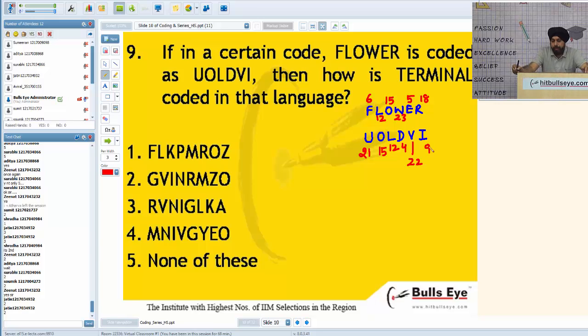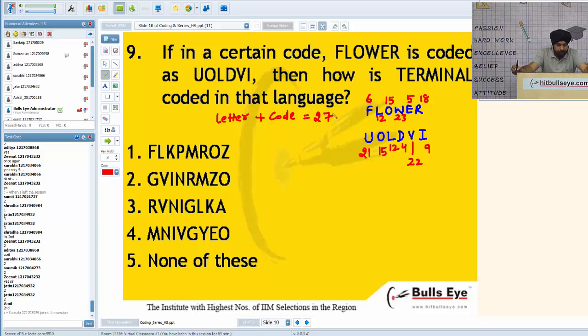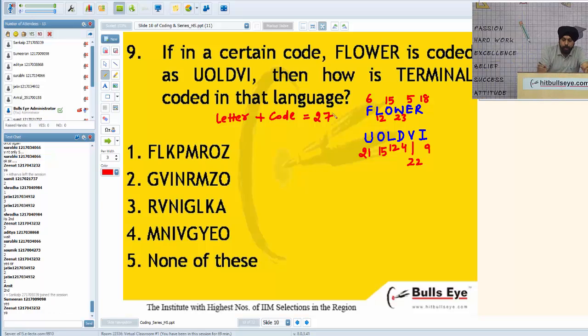So students, if you see carefully, the sum of any letter's position plus its code position is always 27. Can you see it there? 21 plus 6, 12 plus 15, 15 plus 12, 23 plus 4. I ask, can you all see that, students? The sum is 27.